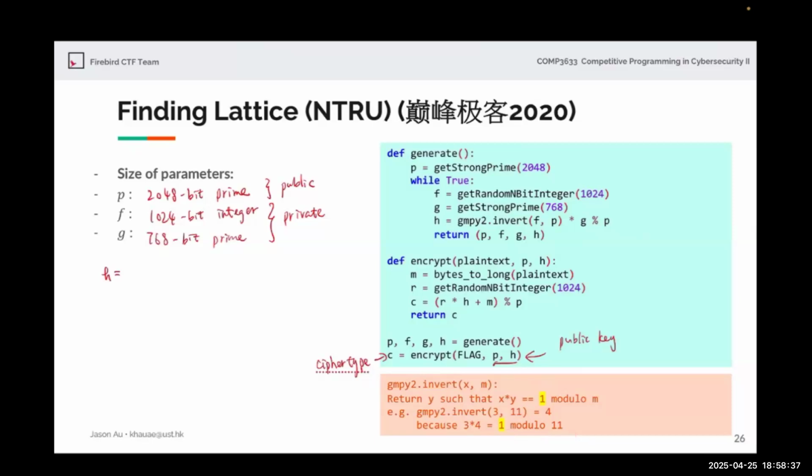So we can just treat it as the inverse of F modulo P, and then times G modulo P. So it's actually something like this.